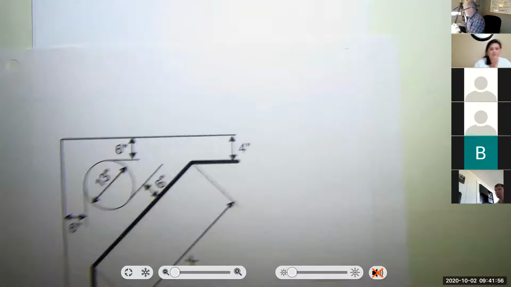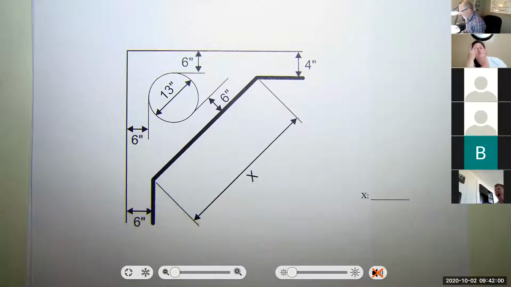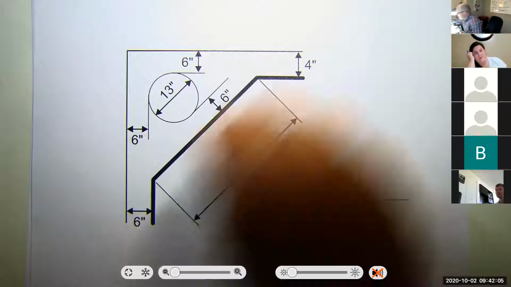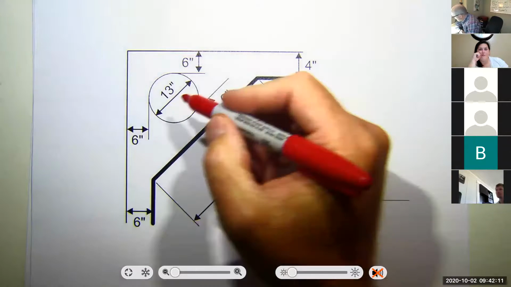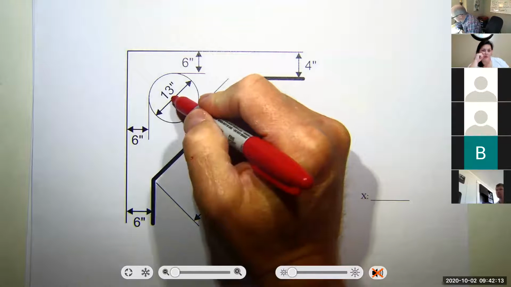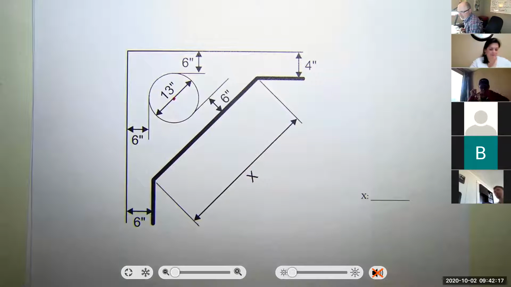Number 3. Trying to keep them in order. Oh, this one's a little more difficult, a little more involved. We do not have a measurement from the corner. So what I have to do is start from the center of that object, whatever it is.